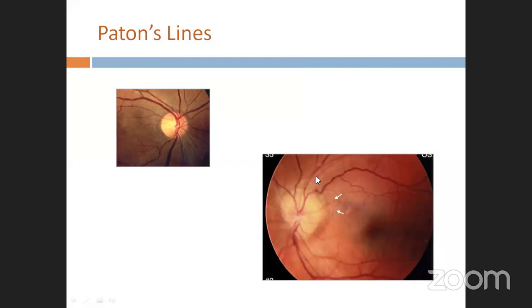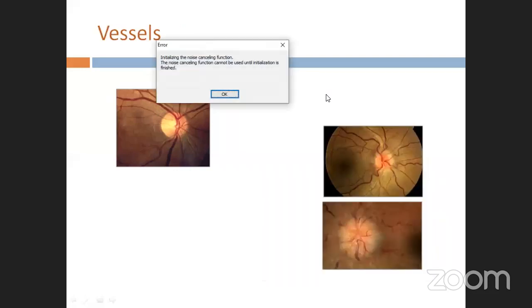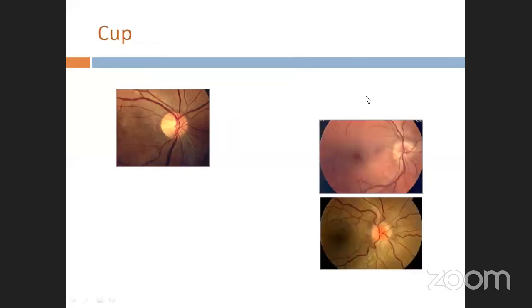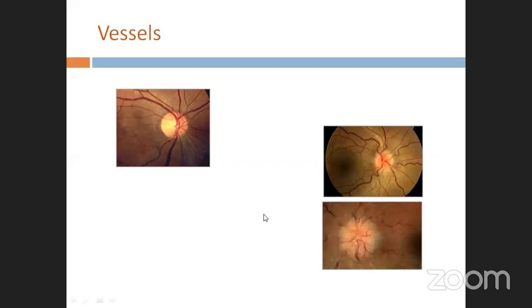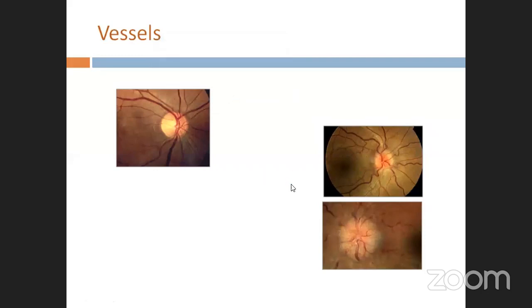Now it's working. اتفضل دكتور عبد الله. طيب. Some activity للنويز كانسليشن هو ده اللي كل شويه هتعمل البوب اب دي.